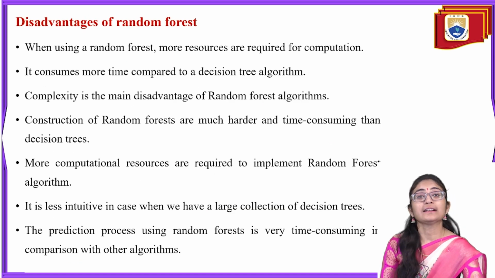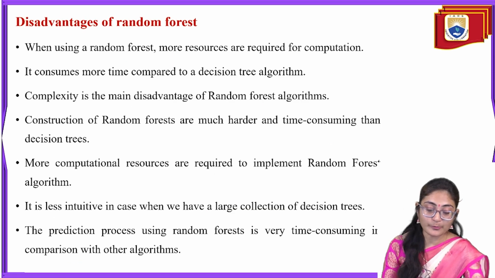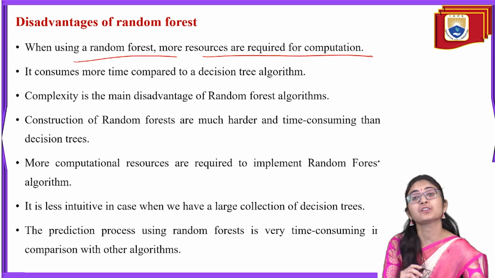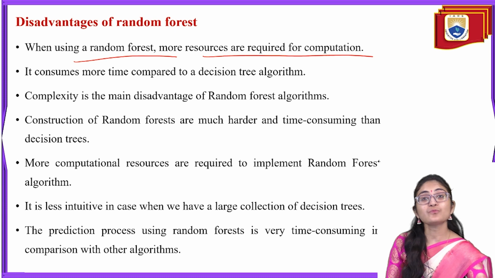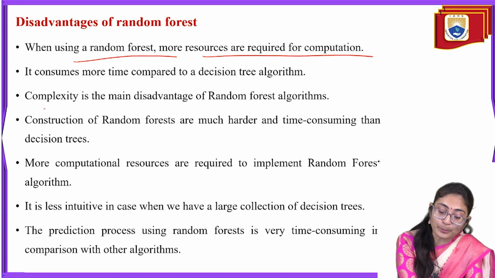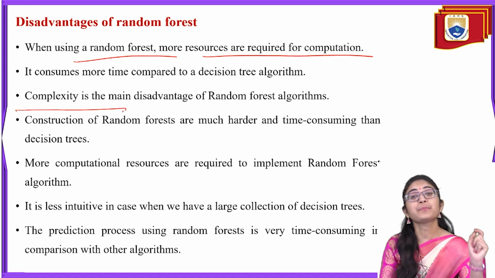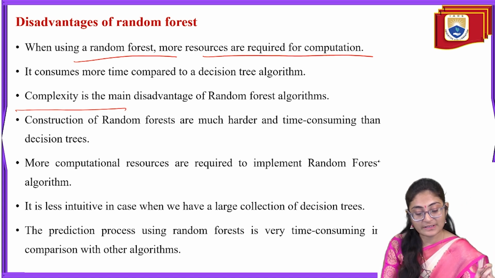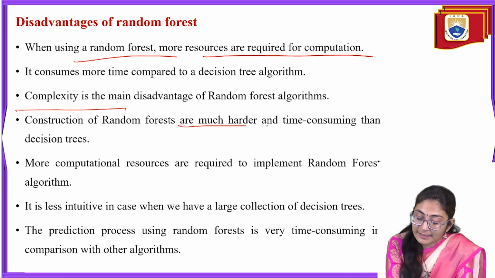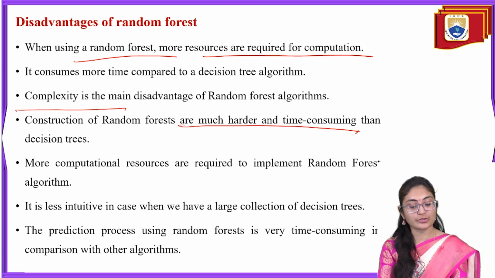Then there are disadvantages of the random forest. When using the random forest, more resources are required for the computation. It consumes more time as compared to the decision tree algorithm. Complexity is also a main disadvantage of the random forest algorithm, and the construction of the random forest is much harder and more time consuming than the decision tree.